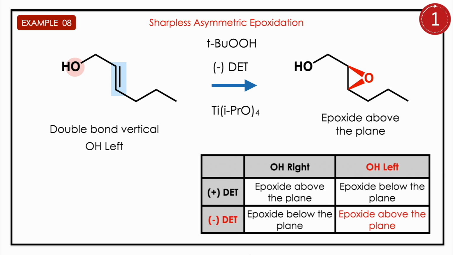According to the table, if you see minus DET, OH left side means epoxide above the plane. So the final product is epoxidation happening above the plane. The concept you have to learn here is that sometimes solutions are obvious, but most of the time you should identify the position of OH as well as the influence of TET.